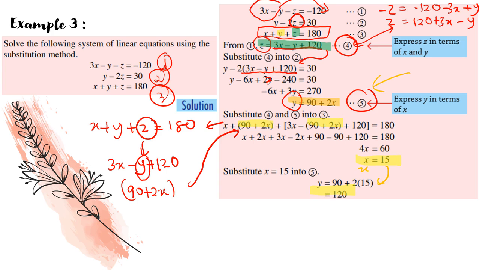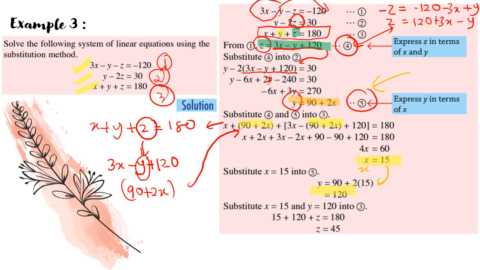Okay, and then you can solve for z. You can use any of these three equations, whether this one or this one, you can still get the answer. In this one, I want to use equation number 3: x plus y plus z is equal to 180.